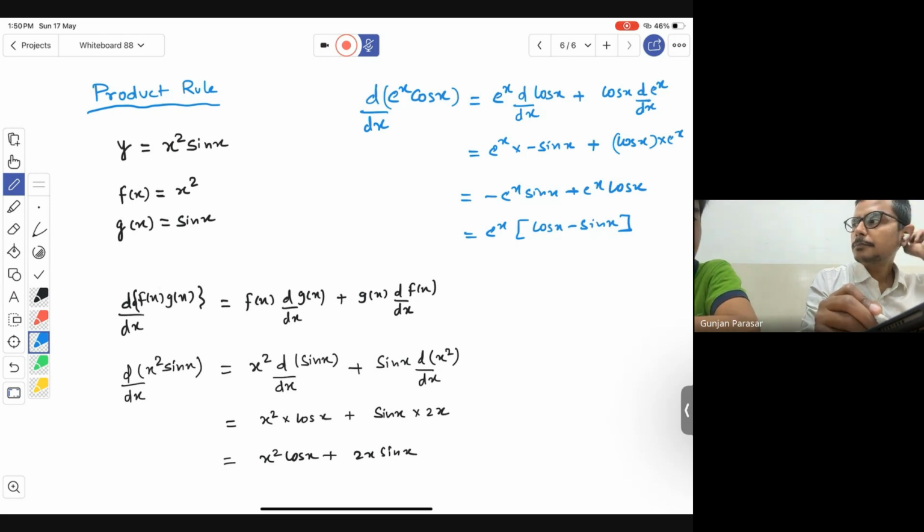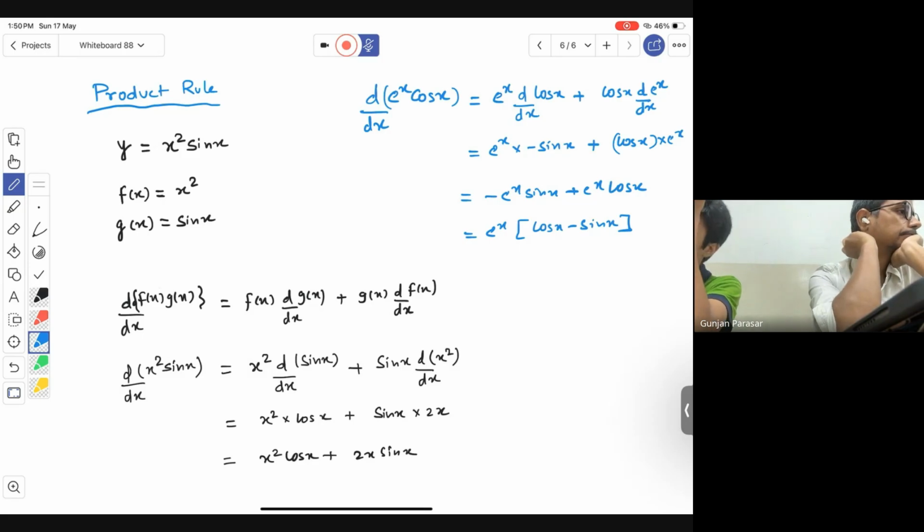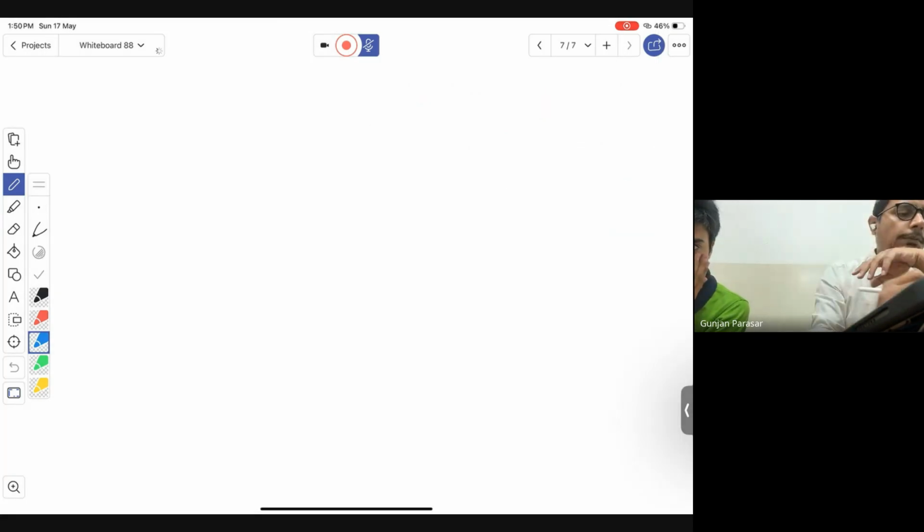Okay, I can take a new page. Do one thing, find the differentiation of t ln t with respect to t.